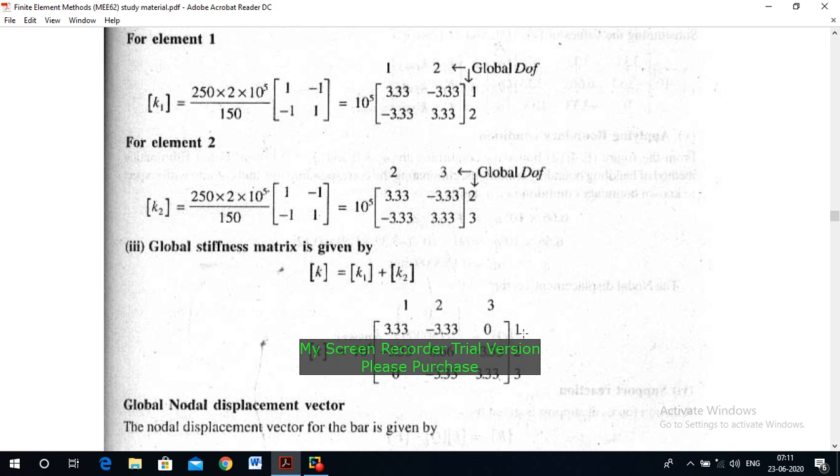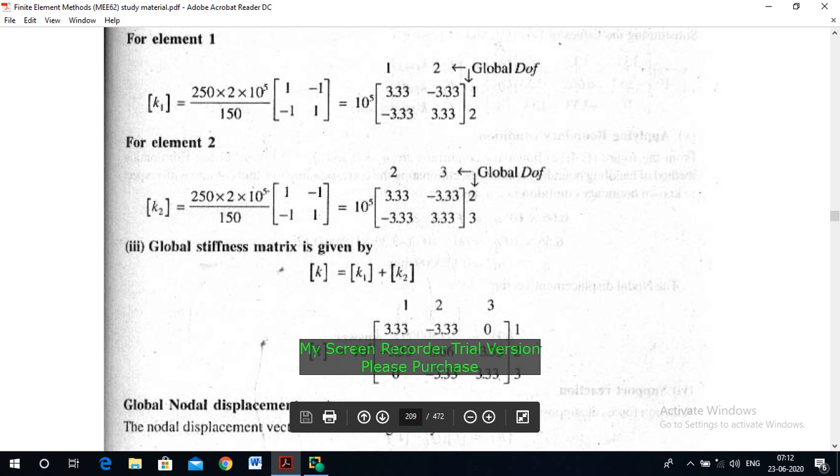Next, we need the element corresponding to first row, third column, but in matrix 1 there is no such element. In matrix 2 also there is no element corresponding to first row, third column, hence I will take it as 0. Because the global stiffness matrix is symmetric in nature, write the same values in the first column: minus 3.33, 0, 0.